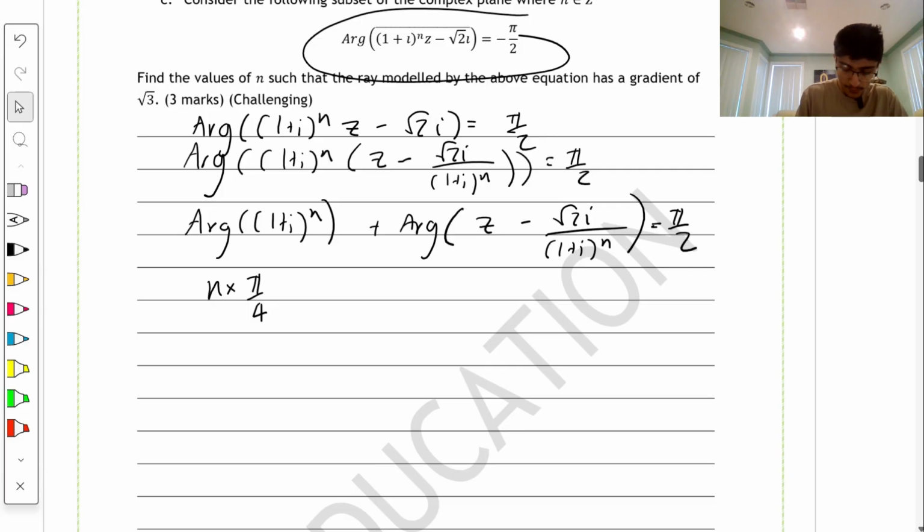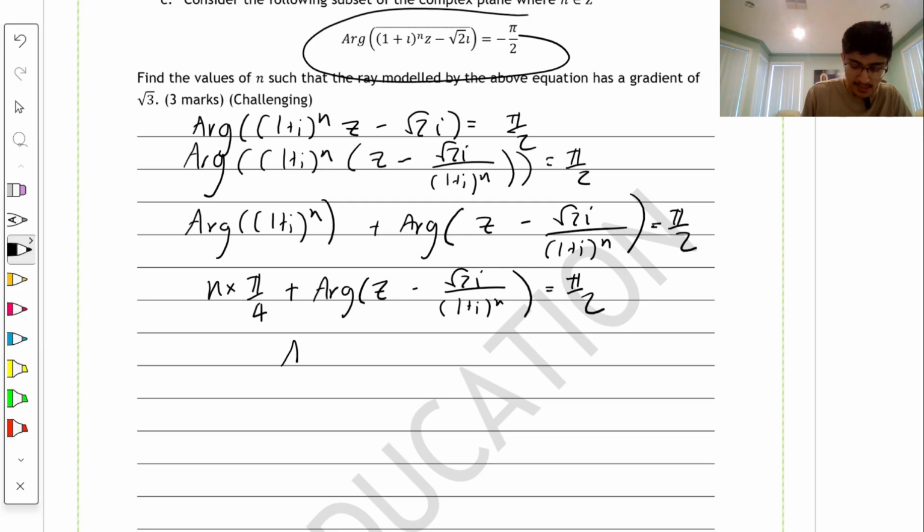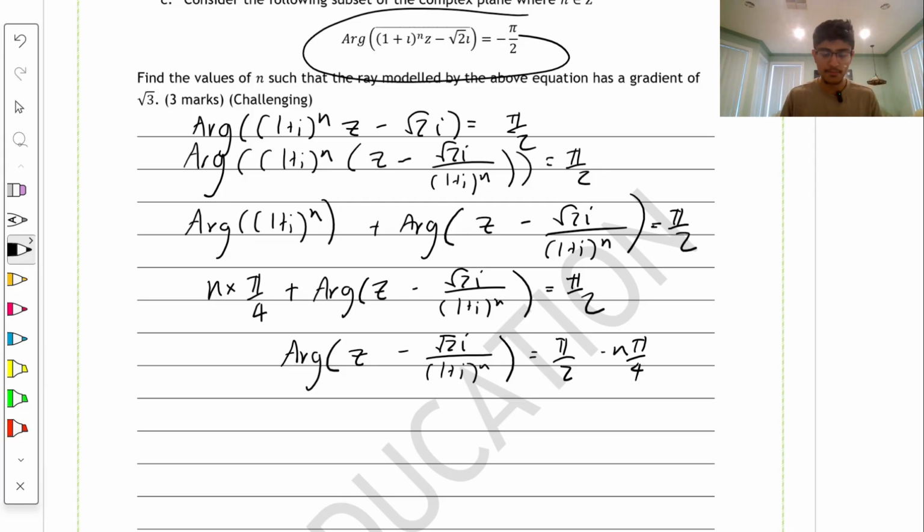So n times pi on 4 plus arg (z minus root 2i (1 plus i) to the power of n) equals pi on 2. And if I rewrite this in the form I'm comfortable with, we can see that my angle is pi on 2 minus n pi on 4. And that's the angle that the ray makes.